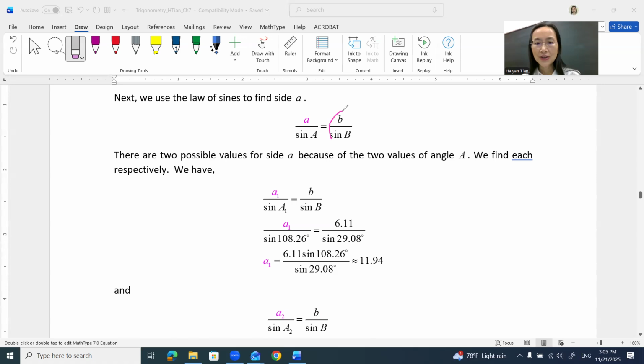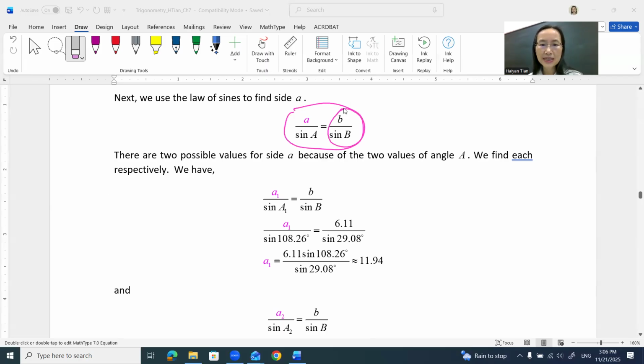But of course, you can use C over sine capital C, because as of now, we have found capital C. But we don't want to use it, so we try to minimize the chance of leading to new mistakes in case our calculations are wrong.